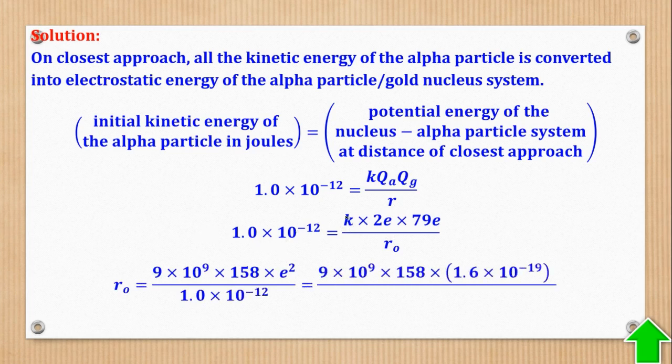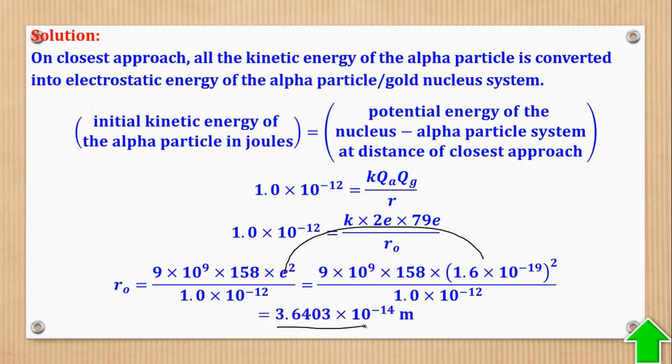Therefore, when I make R naught the subject, this K is already known, 9 times 10 exponent 9. Then this 2E times this gives you 2 times 79, which is 158. Then E times E, which is E squared. Then this one comes down. But I already know the value of E, so I can substitute for E, and I'll be able to get my R naught as this. And that's what they wanted.